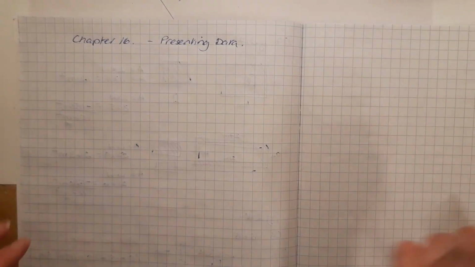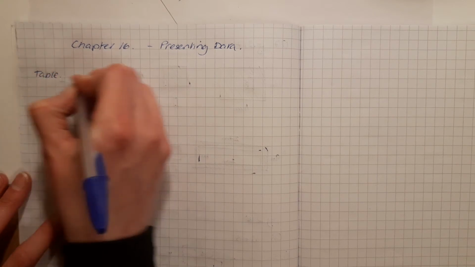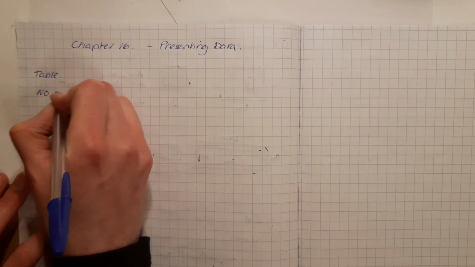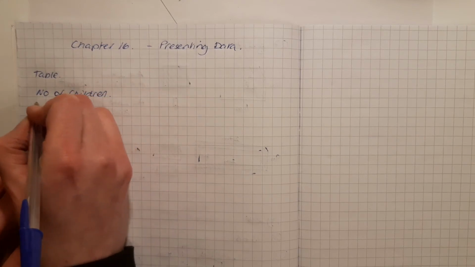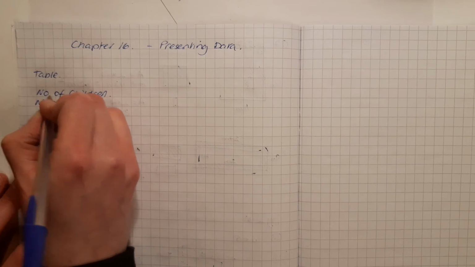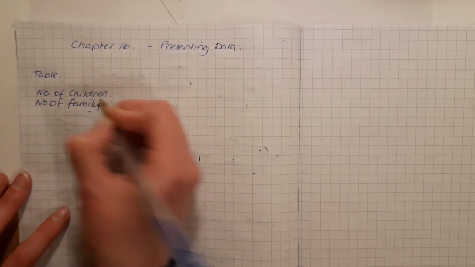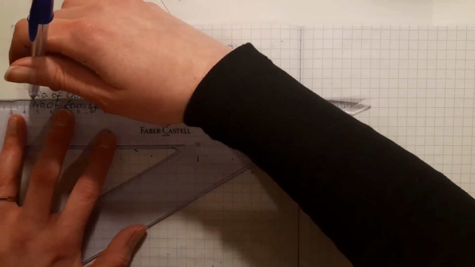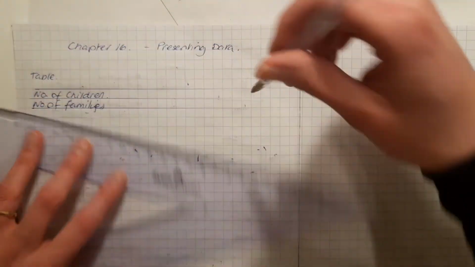So I'm just going to redraw this out for you. I'm going to rewrite out the table very fast. So the table is number of children, and then this is the number of families. Okay, and you get your ruler for this, obviously, but I'm doing this a little bit faster just to get it explained to you.